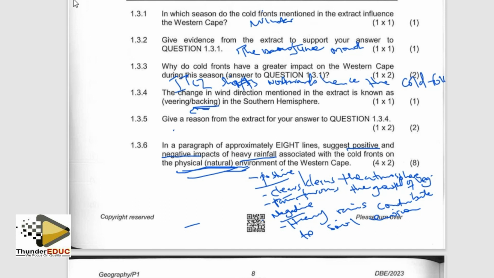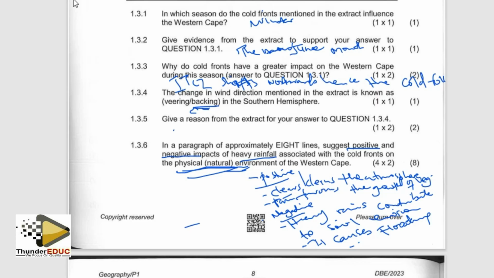Then we can have another point here: it also causes flooding. Soil erosion from heavy rainfall also makes soils infertile because it will wash away the topsoil, which is fertile.